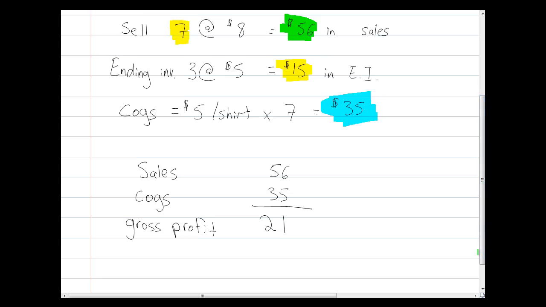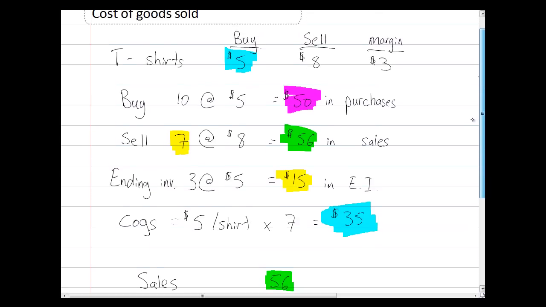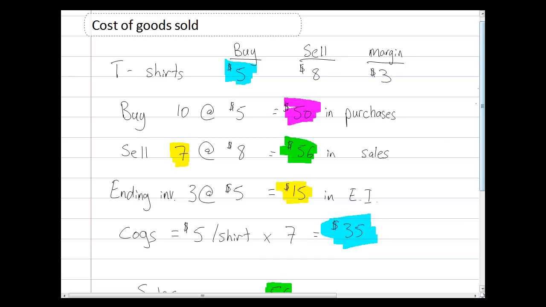So in summation, what we can say is that the 7 t-shirts we sold generated revenue of $56, and those 7 t-shirts cost us $35 to buy, which left us with profit of $21 in total for the 7 t-shirts that we sold. And so another way we could actually calculate that $21, we determined at the beginning that off of each shirt we sold, we were making $3.